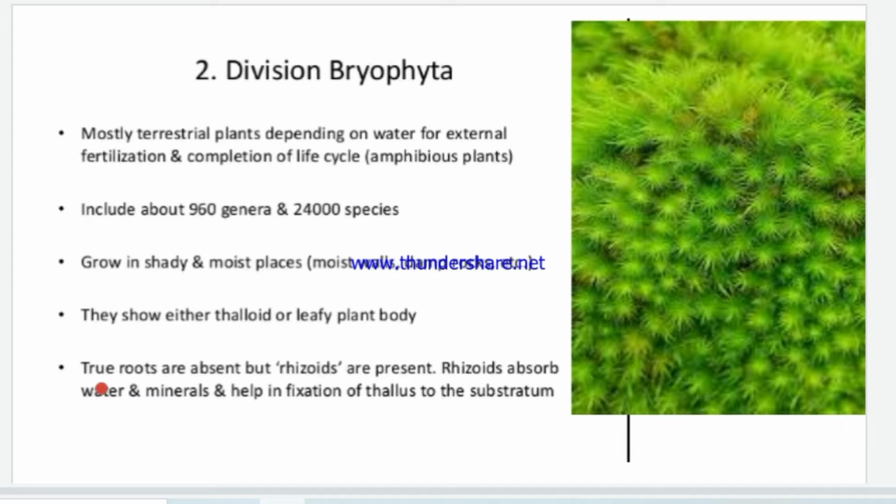They do not have true roots. The true roots are absent, but rhizoids are present, which are root-like structures. Rhizoids absorb water and minerals and help the fixation of thallus to the substratum.